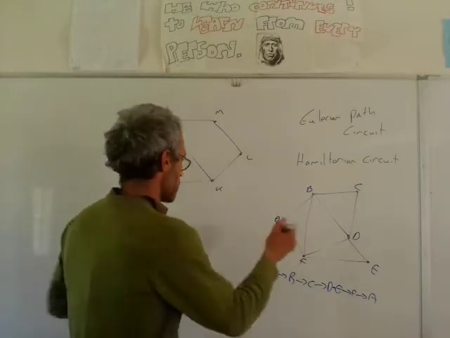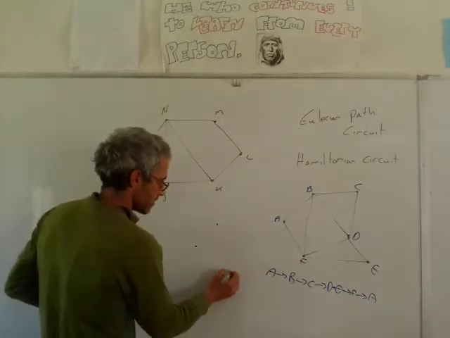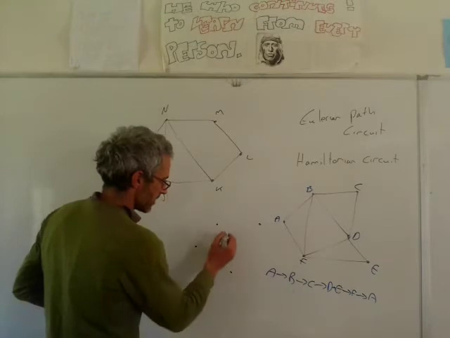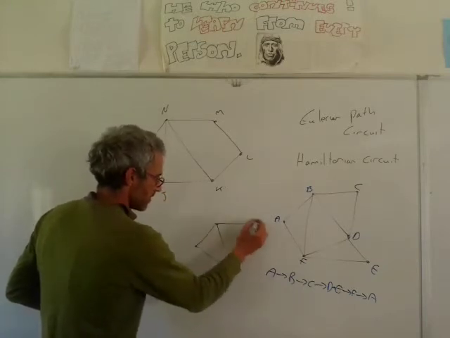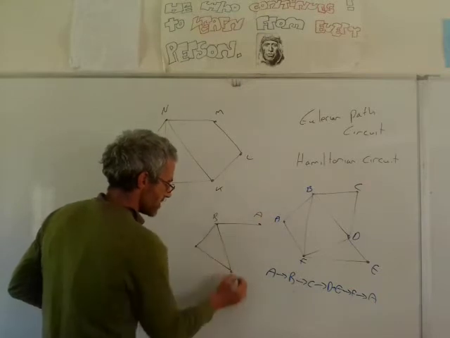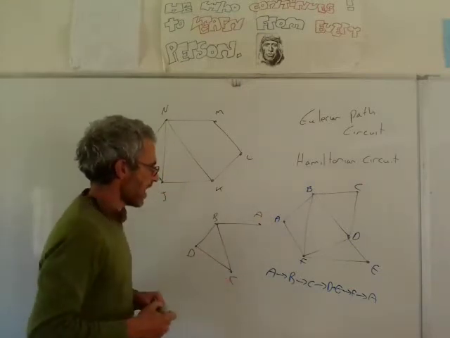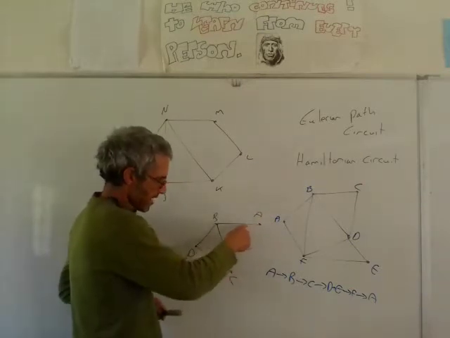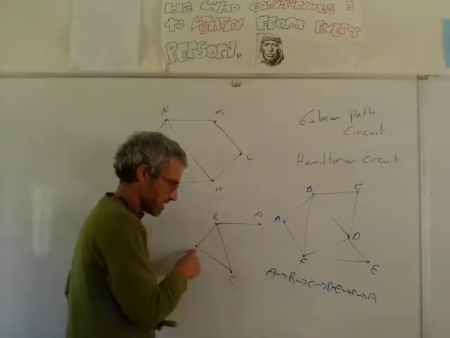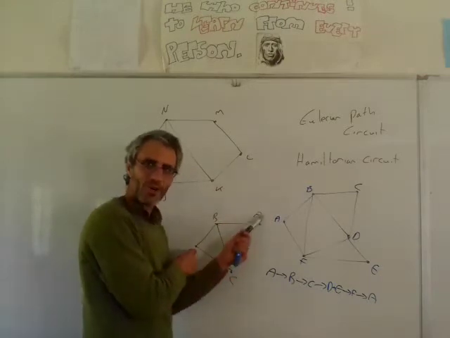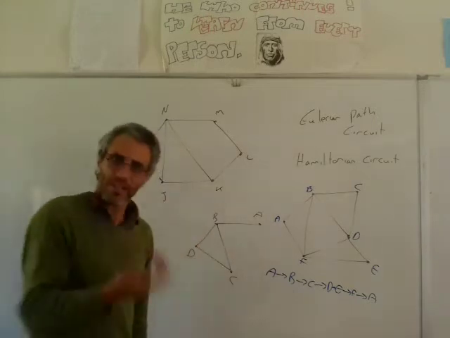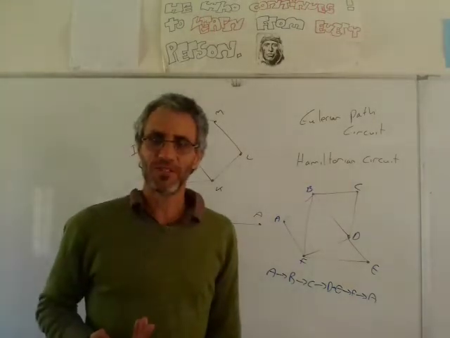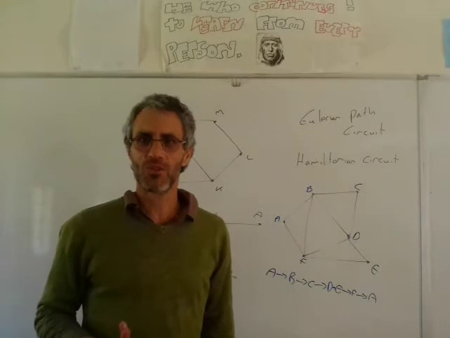An example where you won't have a Hamiltonian circuit, think of something like that. Let's say I have A, B, C, D. I can go from A to B to C to D. If I want to go to A, I have to go through B. So it's the second time that I've gone through the vertex, so it's not a Hamiltonian circuit.